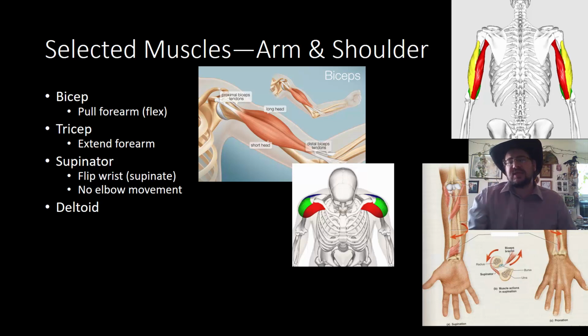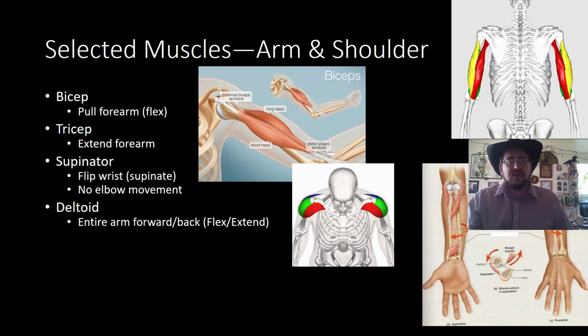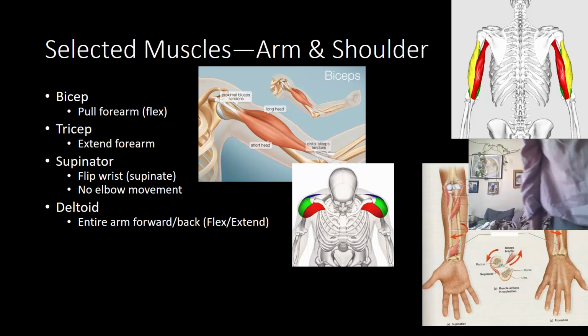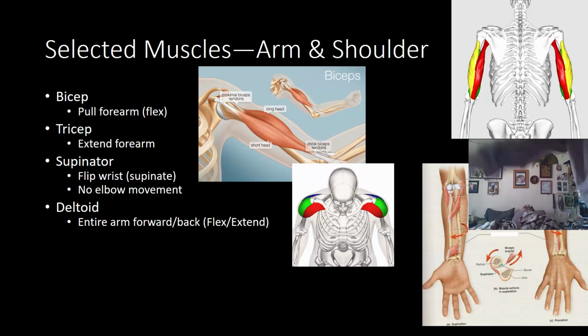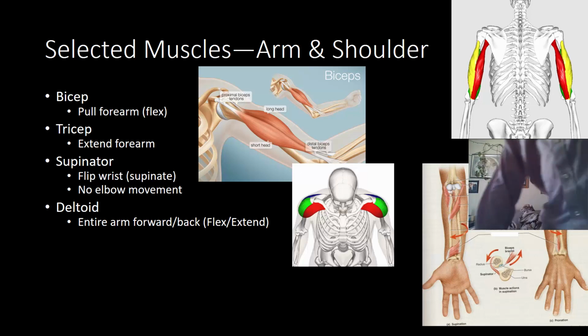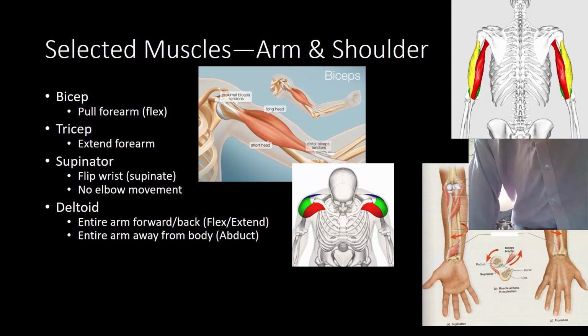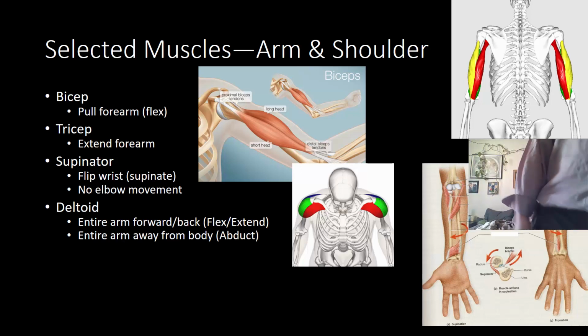And it will cause the entire arm to move forward or backward, sort of like when you're walking. So that's some deltoid action there. And it also allows abduction, which is this.